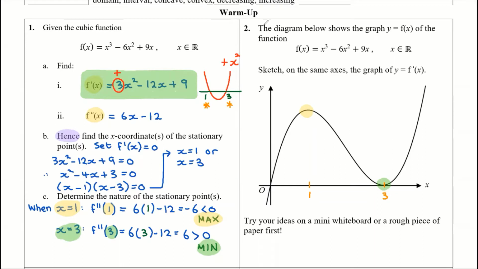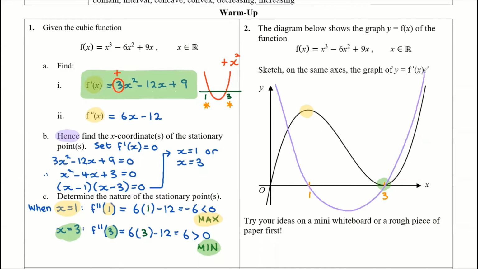So I'm going to have a go at sketching this. So it's going to be something like this. I'll do my best. It's not too bad. Now, this infers many other things. We've also got a situation where the gradient function is going to intersect your original function as well.